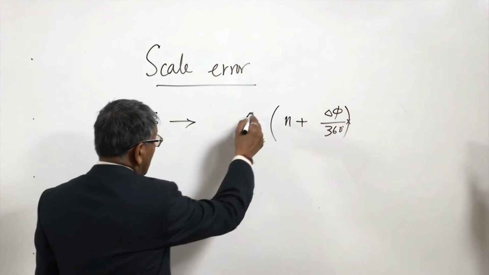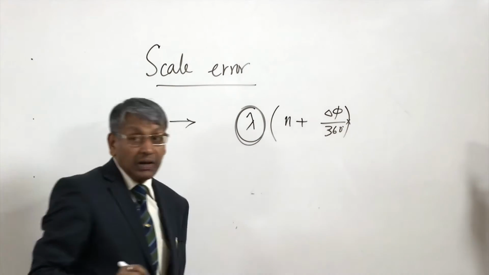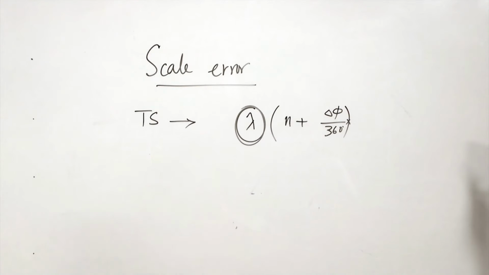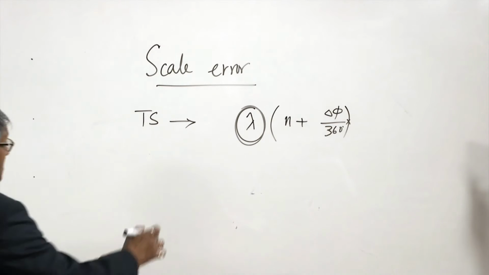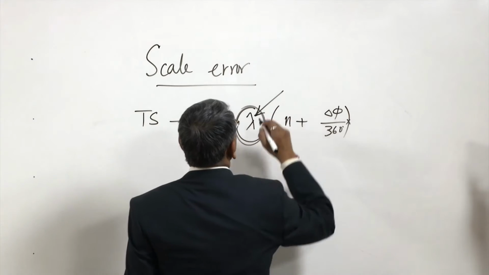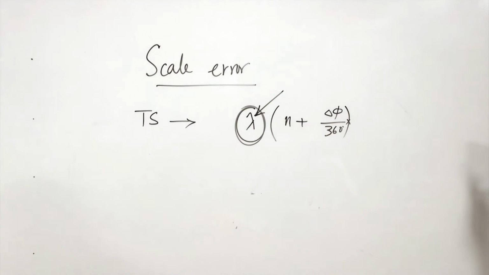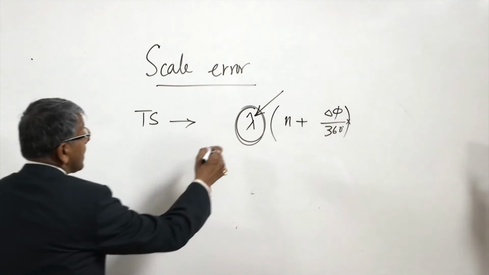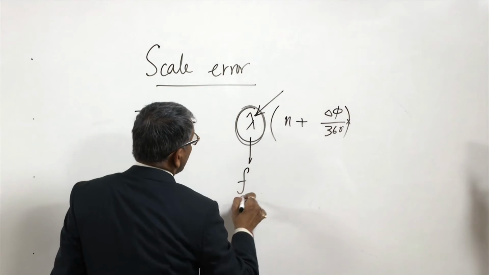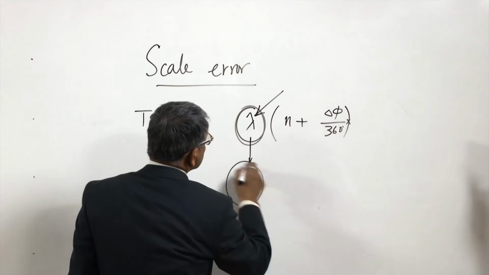So the wavelength of the fundamental frequency is the most important multiplying factor to the number of cycles. Now this wavelength means the frequency of the signal.